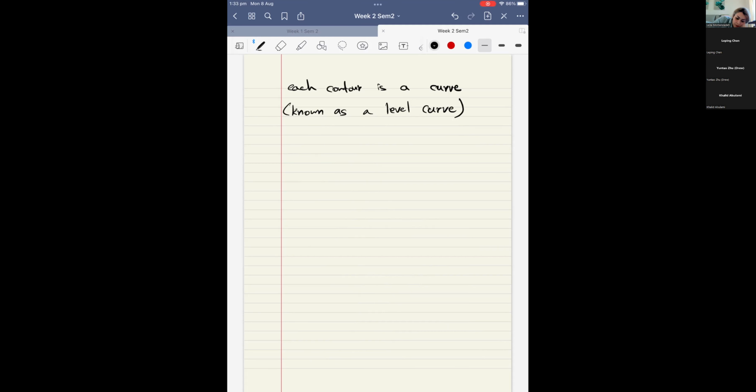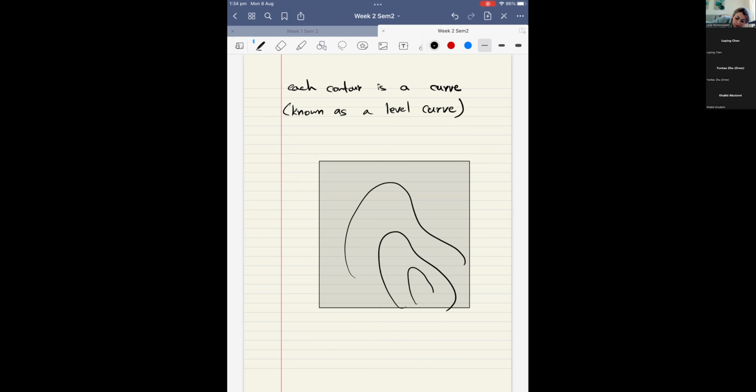For example, on this contour I write here 300, 200, 500. What are those numbers in that shape?